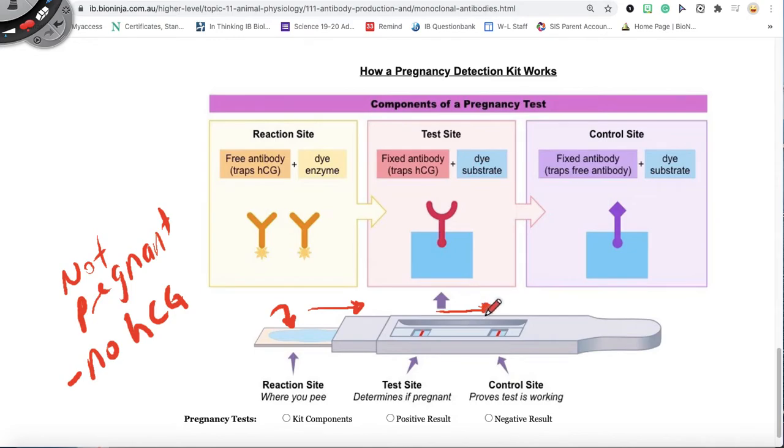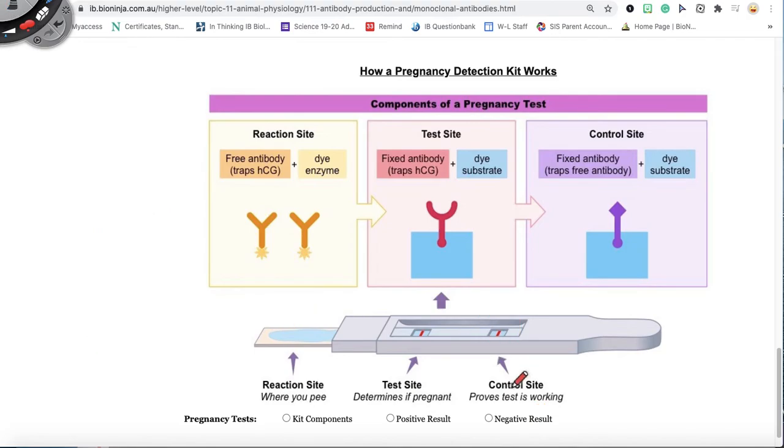Then it reaches the control site, where there are fixed antibodies that trap any type of protein-like antibody, and this is going to turn blue. So you're only going to end up with one line. One line means a negative result. It means the test is working, but you are not pregnant.